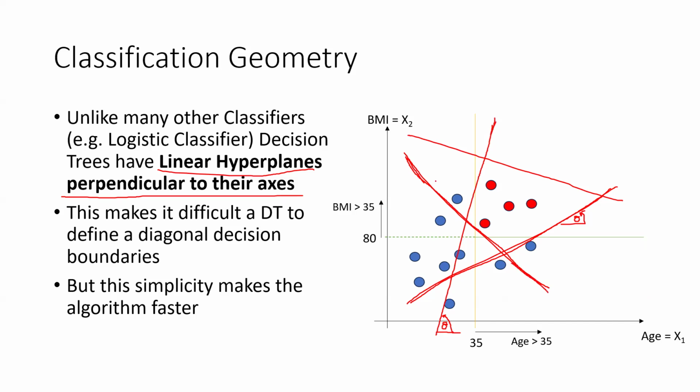So the scientists have tried to find these kinds of decision boundaries for decision trees as well, but what they found was, whether you should have these tilted decision boundaries with extra parameters, or whether you should have these existing linear hyperplanes that are perpendicular or parallel to the other axis with a lesser number of parameters.